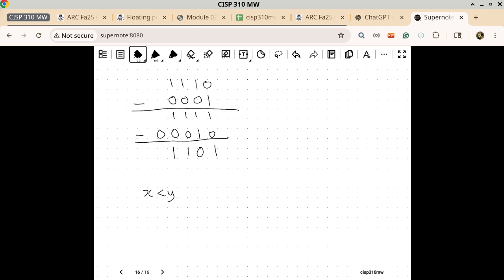So whether 14 is less than 1 is different from whether -2 is less than 1. Because 0001 only has one interpretation, because both the signed and the unsigned interpretation come back as just one. So that one cannot be confusing. So y cannot be confusing, but x can be confusing because 1110 has two interpretations.